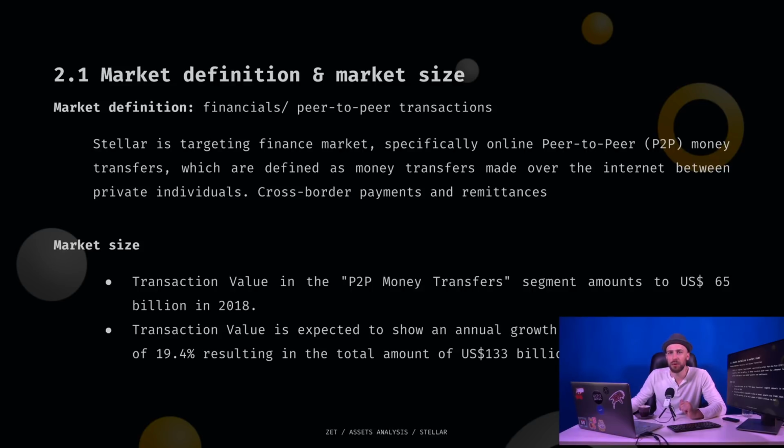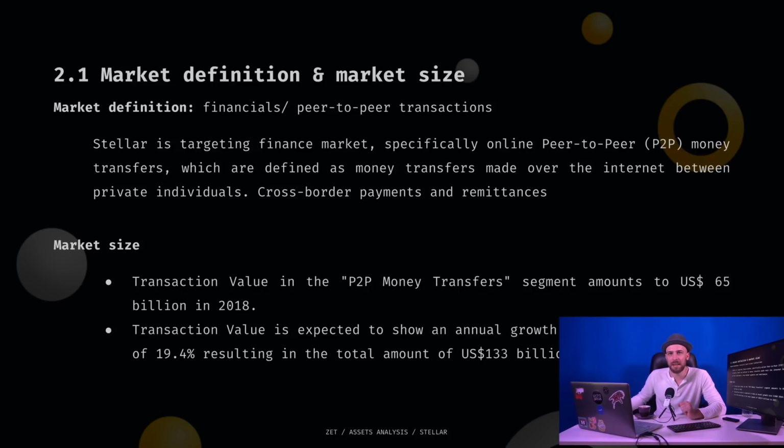The market is huge, the market is stale. The existing companies that provide service in this market are slow and expensive, and Stellar actually is not a competitor to classic companies. It is a competitor to such technology as wire transfer or SWIFT that provides bank-to-bank transactions.